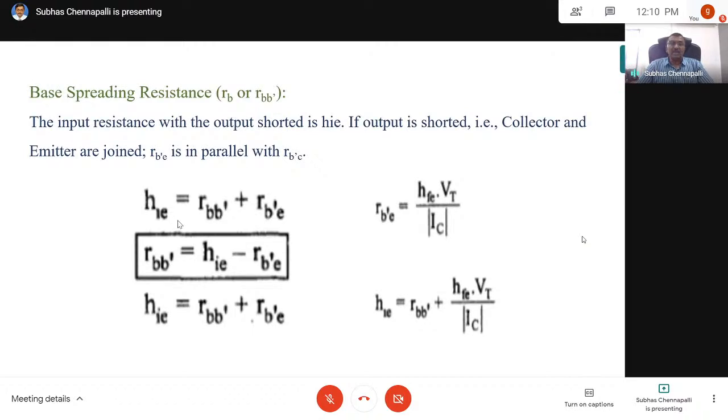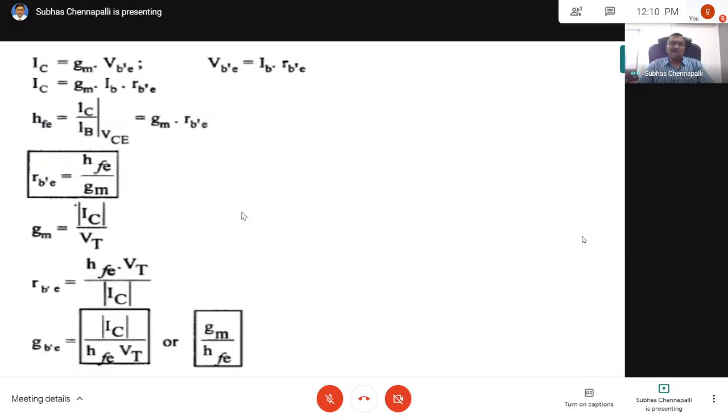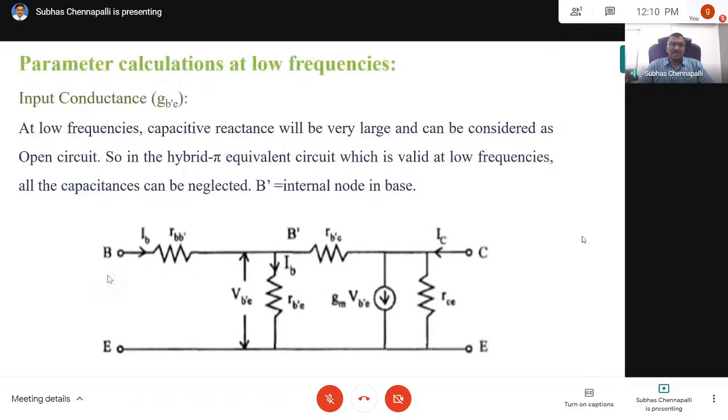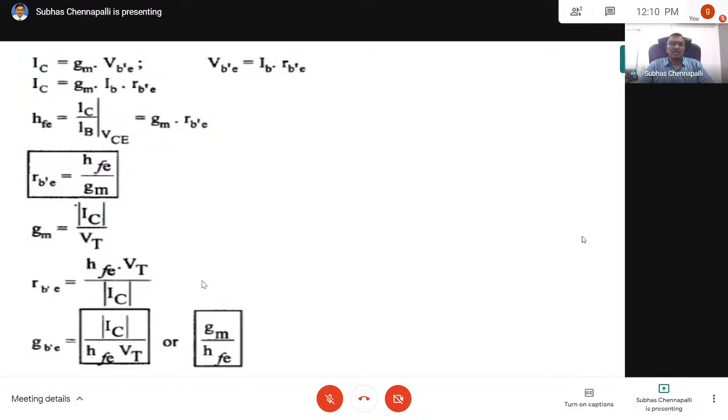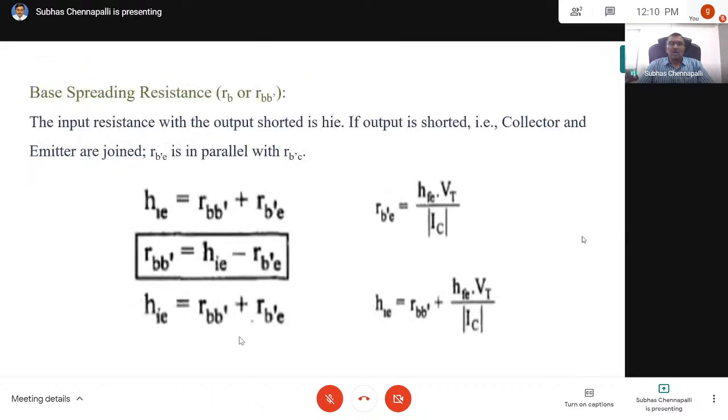We are linking H parameters with RBB dash plus RB dash E. This is the input impedance from here, this plus this. From that RB dash E, we know HIE, then you calculate RBB dash. So RBB dash is HIE minus RB dash E. That's all.